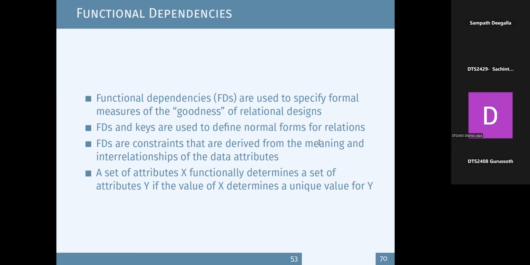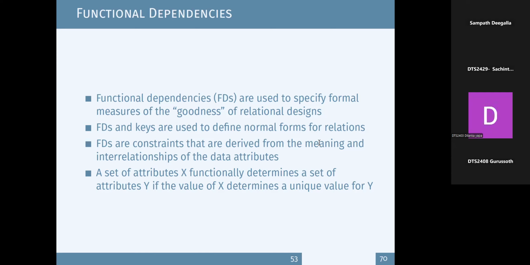Let's say you have given some registration numbers. It's unique, right? Every time you have a registration number and you take the name column, your name is there. If there are two records with the same registration number, ideally the names should also be the same. So we can say that name is functionally dependent on your registration number.